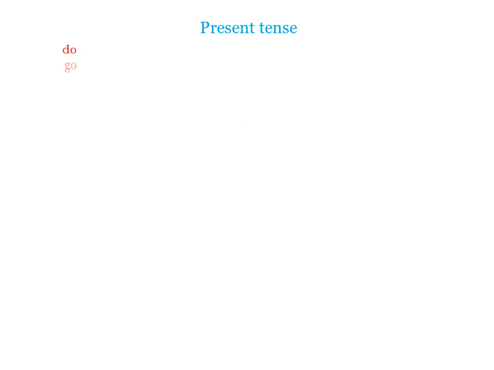Do and go. These verbs end in an O. So for he, she, or it, you have to add ES. And you have does and goes. For a question, we use the question word, what?